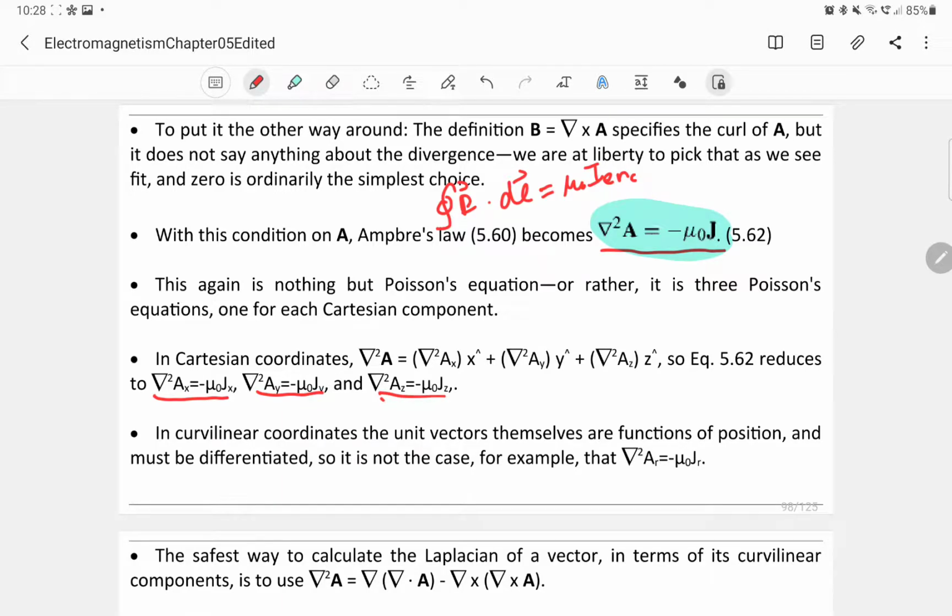In curvilinear coordinates, the unit vectors themselves are functions of position and must be differentiated. So it is not the case, for example, that this one here. For the other components of the vector potential, you would have to deal with a different form of Poisson's equation.